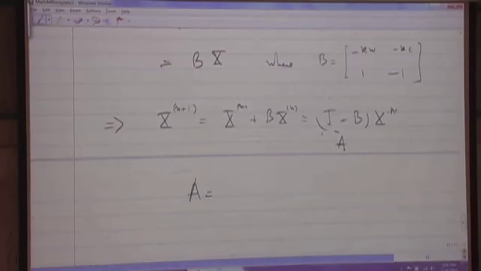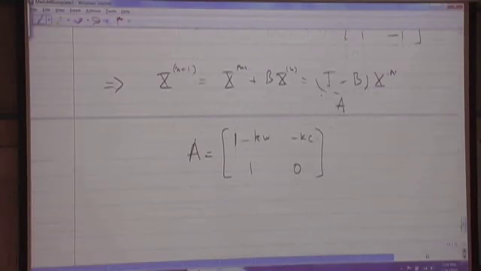So what is the matrix A? It's going to be 1 minus Kw, minus Kc, 1 and 0. So this matrix is what needs to be raised to consecutive powers.